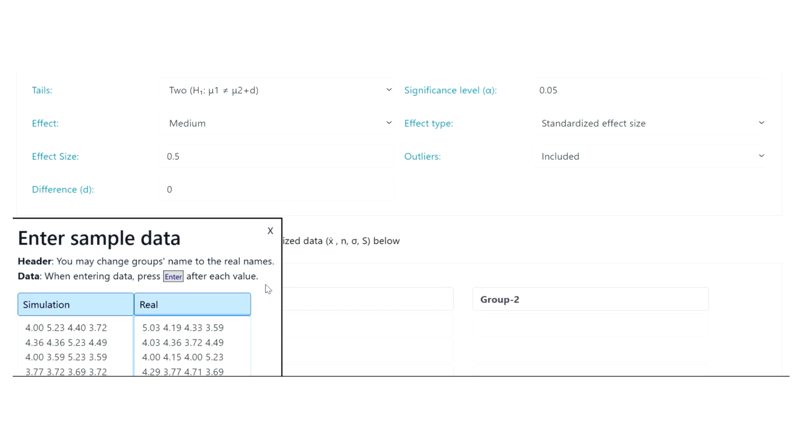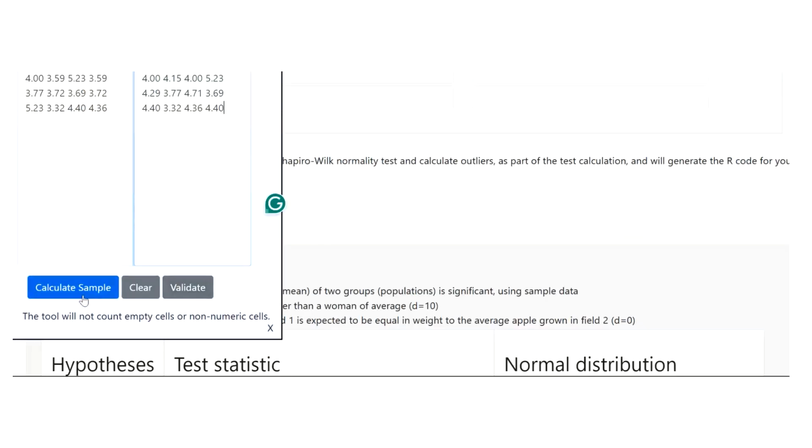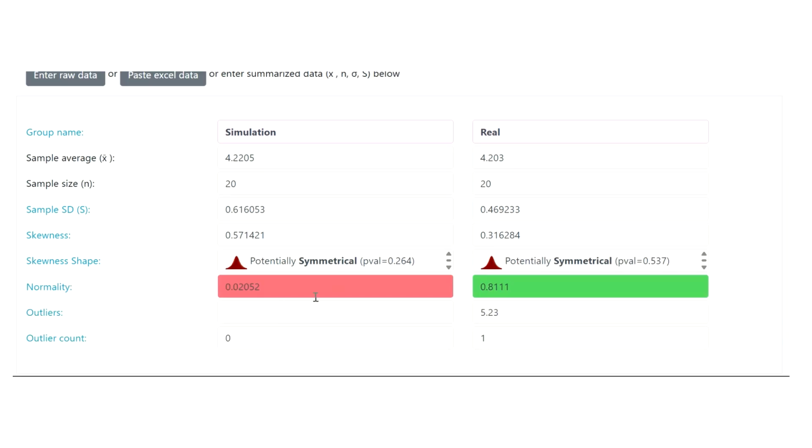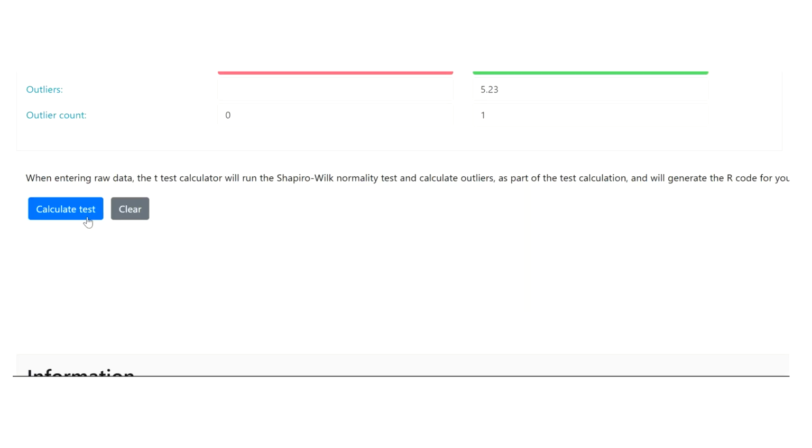So after entering the data, going down, we have a few buttons, but in this case we are just pressing calculate the sample. Again, we are not going to discuss the data which are provided here. We are going to run the test, so we just need to press another big blue button.